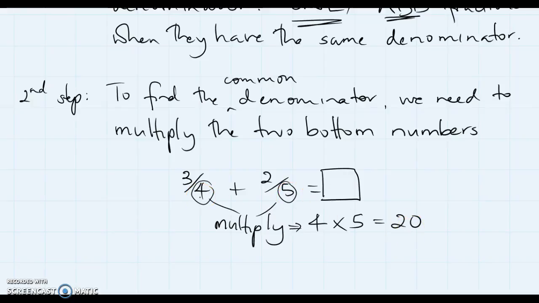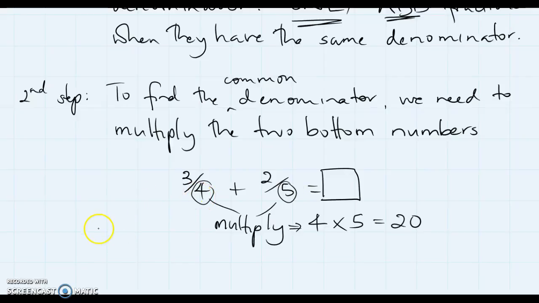If it was 8, we wouldn't be able to use 8 because 4 can go into 8 2 times, but 5 can't go into 8. If it was 10, we couldn't use 10 because 4 can't go into 10, but 5 can. What about 12?